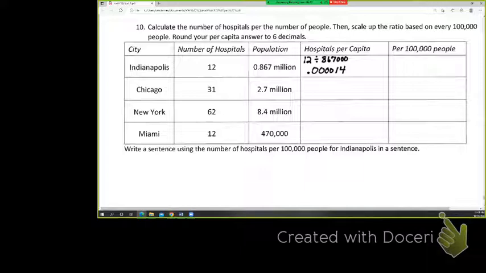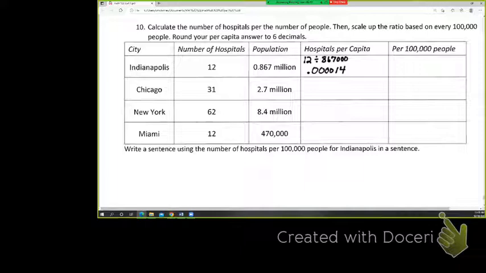Did you have .000013841? Yes. Okay, so round it to 6 decimal places would look like what I have right there.